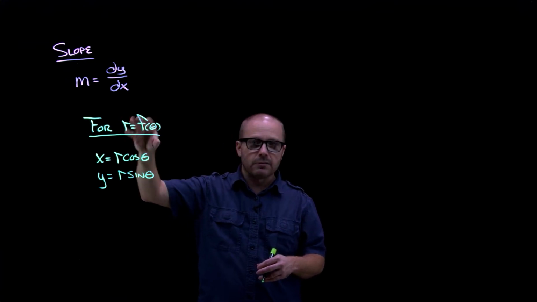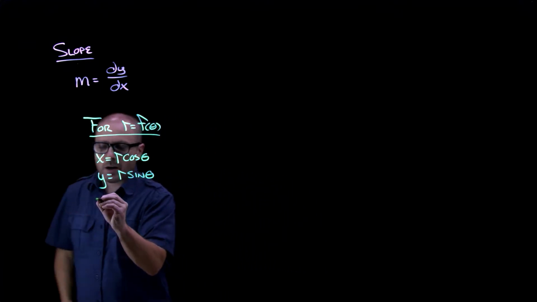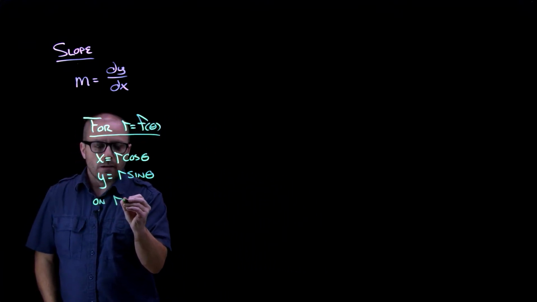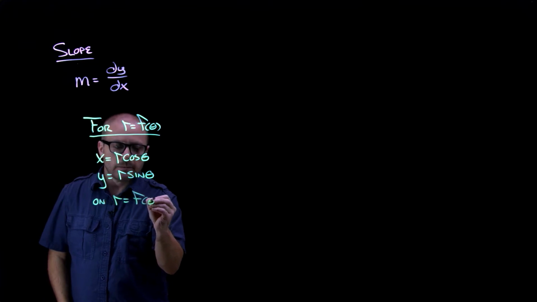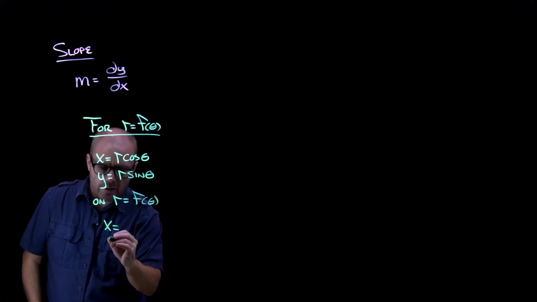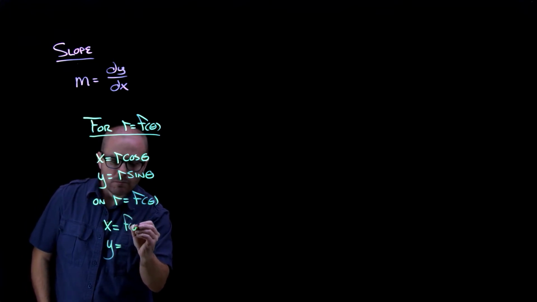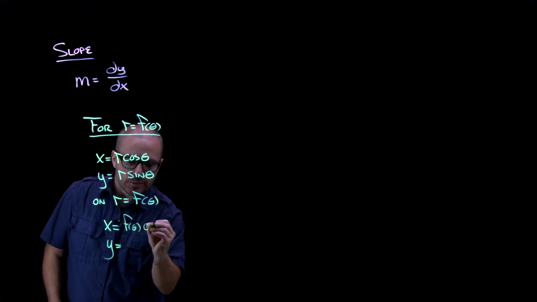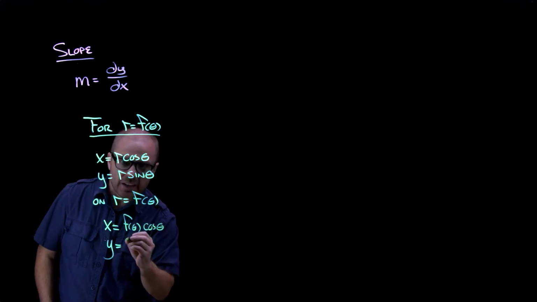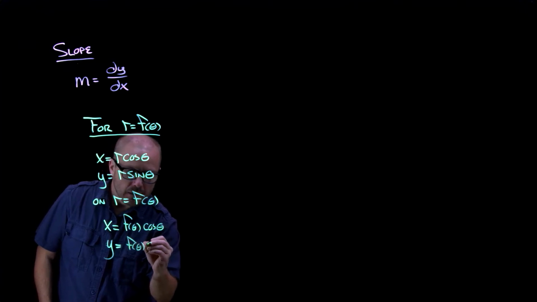If we have some curve, r equals f of theta, this becomes a parameterization, because you now have x and y described in terms of the variable theta. That becomes our parameter.